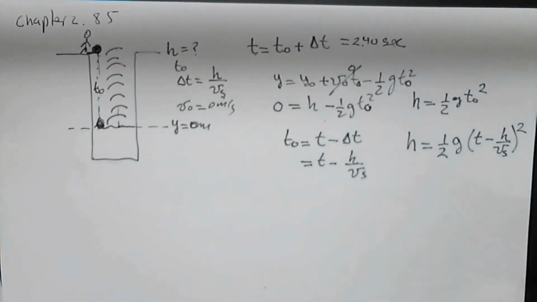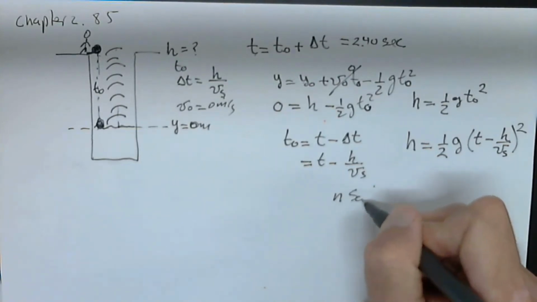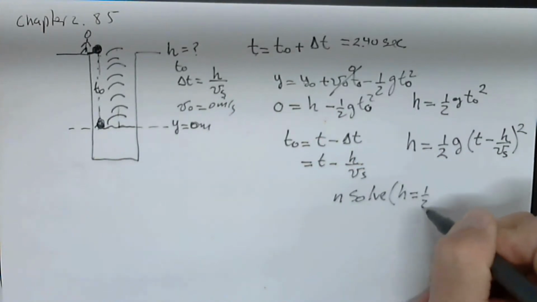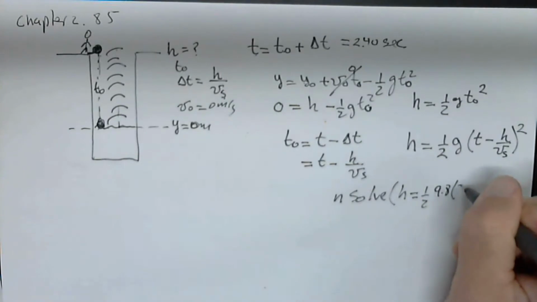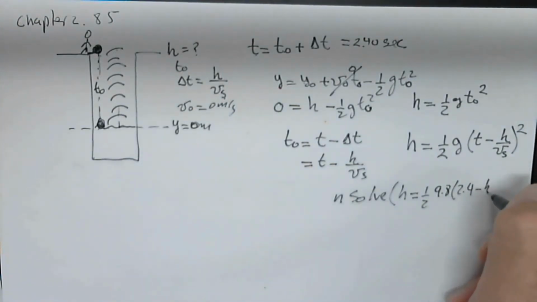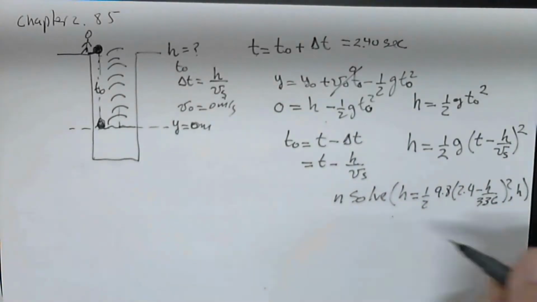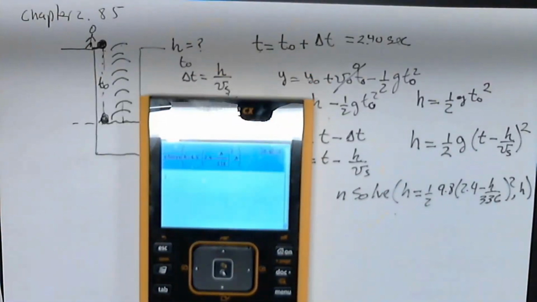This is a quadratic equation in H, and if you use the Inspire calculator and do nSolve, just put the equation: H equals 1/2 times 9.8 times (2.4 minus H over 336) squared, comma H. You get the answer right away.